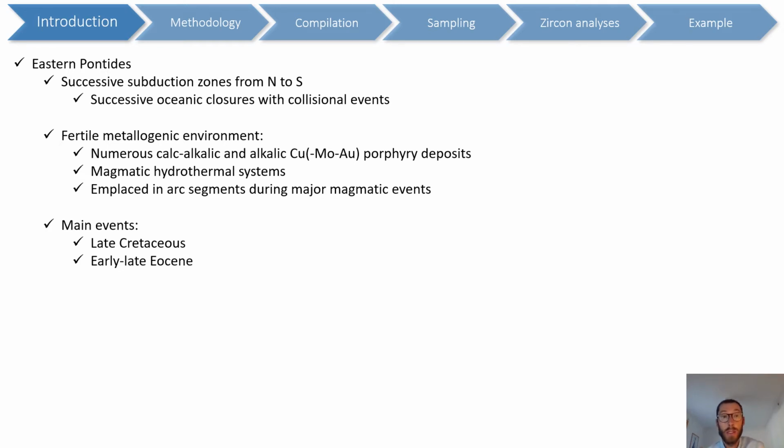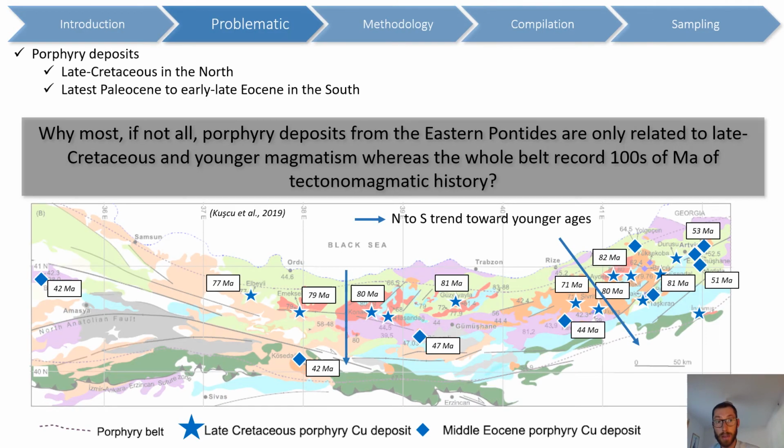It's associated with successive oceanic closure with collisional events, and it's a fertile metallogenic environment where you can find numerous porphyry deposits, magmatic hydrothermal deposits, all placed in arc segments during major magmatic events. We have two main events, the late Cretaceous and the early late Eocene.